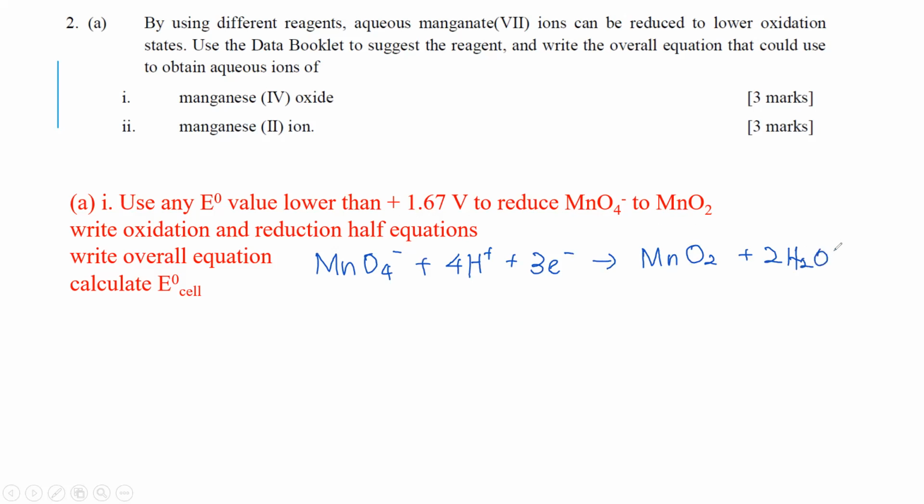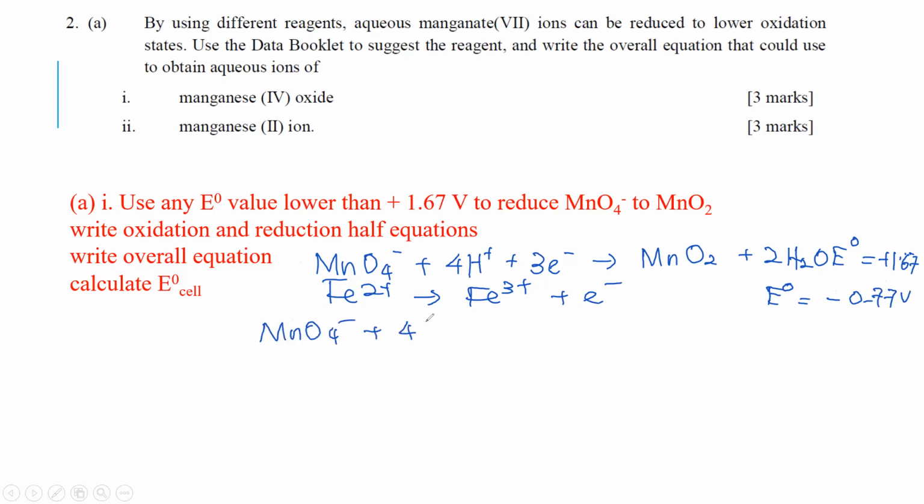And then this one is E equals to positive 1.67. And then you have any equation that you like, Fe2 plus gives Fe3 plus plus e minus. Okay, so any equation that is suitable. So at the end, you have MnO4 minus plus 4H plus plus 3 Fe2 plus.